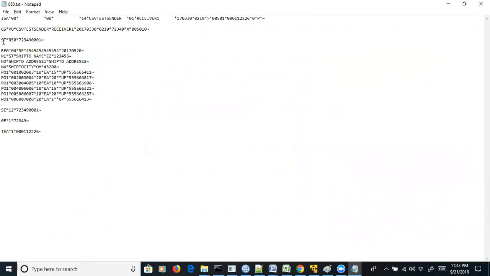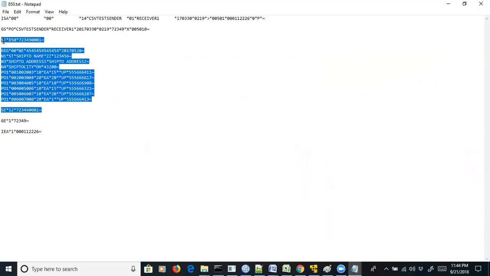But your group envelope always has to be present in the X12 EDI file, and it will always surround similar types of transactions. Unfortunately, in this file that you're seeing right now, it has only one transaction, one purchase order. That is why you see only one transaction here, right?